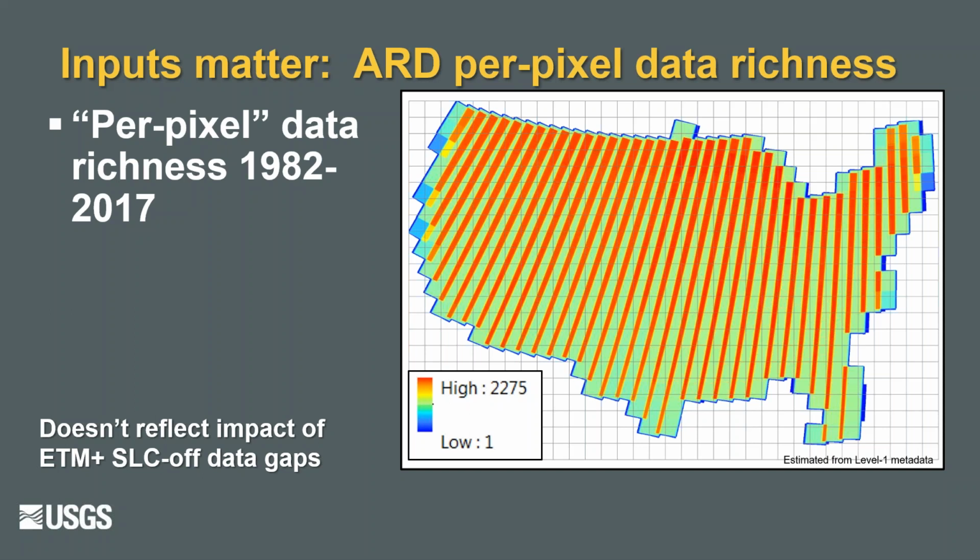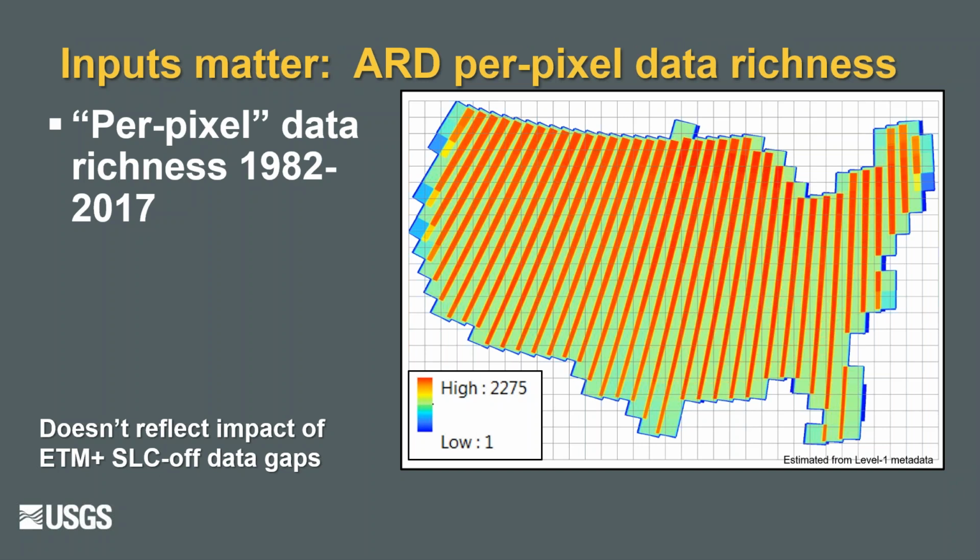So the number of pixels through time is going to vary depending on where you are in the United States. This is due to orbital characteristics of the Landsat series of satellites. They come around through orbits, and our orbits overlap.